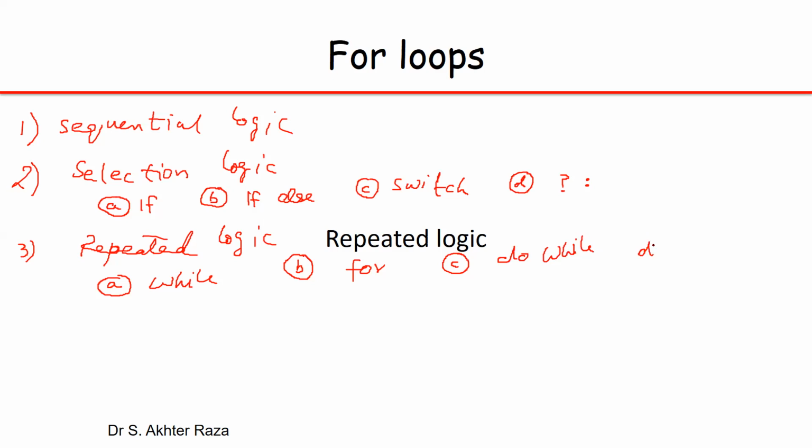One more thing we can discuss, which is not recommended in programming, is the goto statement. So looping by goto is not recommended. Looping by while, for, and do while are the recommended procedures. And today we are going to describe the for loop.